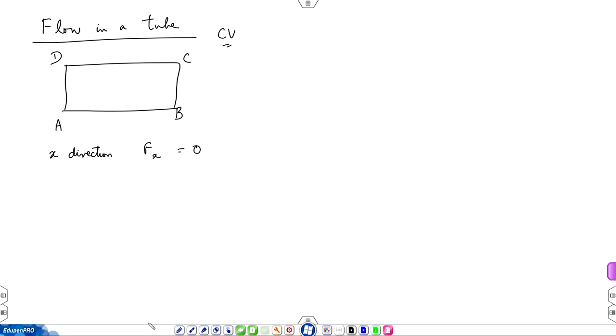So, here you recall that at the local level, this is a small fluid element, and on the faces of that element we had introduced stress components, sigma xx on the right face.